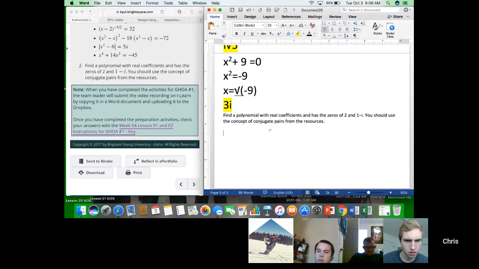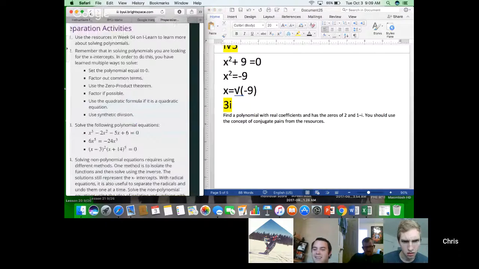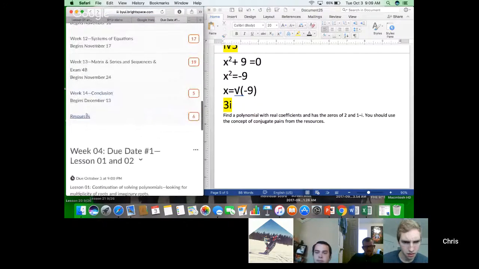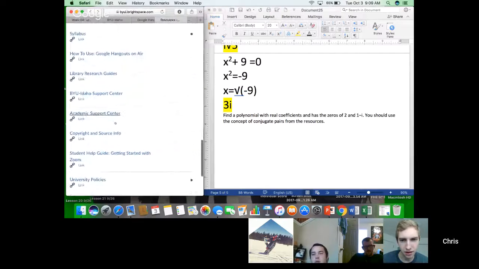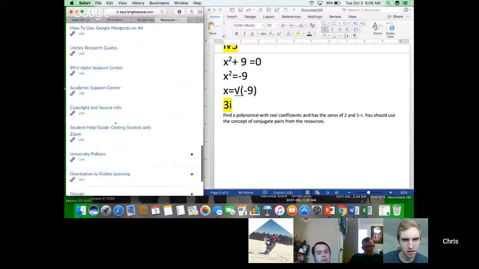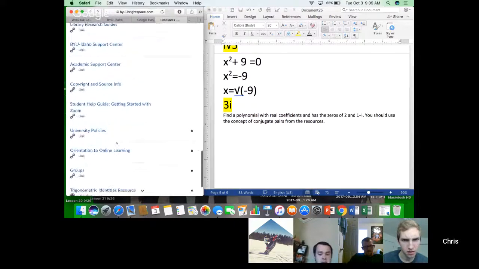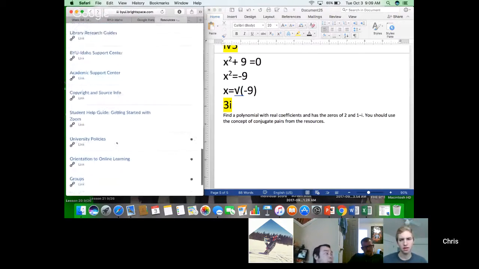I don't even remember the conjugate pairs, so I don't know if I'm going to be much help. Let's go look. Resources. Wow, it just takes you to MyMathLab, e-text and videos. Where is conjugate pairs?